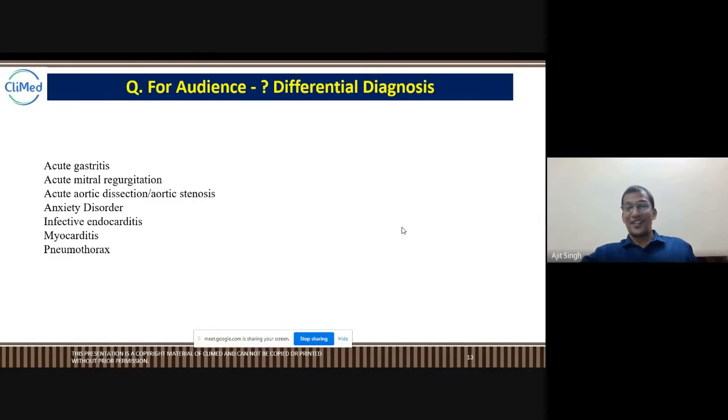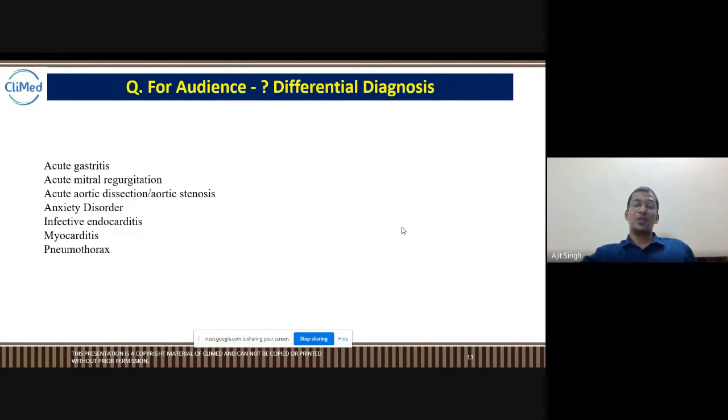I'm not telling the treatment exactly, but this is the basic treatment that clinicians usually give. If it is not subsiding by that, then you should go for one echocardiogram and treadmill. And if treadmill and echocardiogram are normal, then you can go for further evaluations of acute gastritis, or whatever the clinician feels okay.